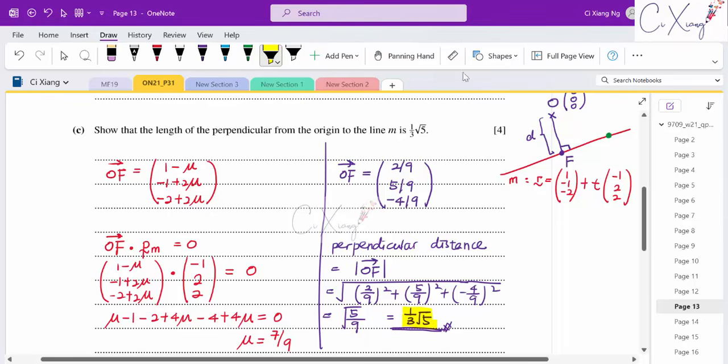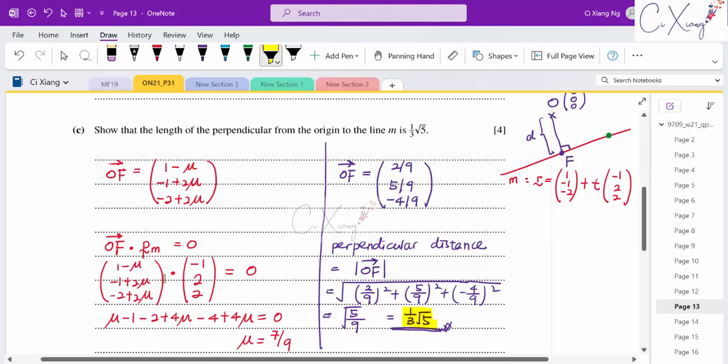Alright, so this is the suggestion for how we solve this particular question. To find the perpendicular length, there are many different ways. For me, this is a method that we can see clearly step by step. What are we doing actually? First, we form the position vector of the foot of perpendicular. After that, we know that the vector here and the direction of the line are 90 degrees to each other.